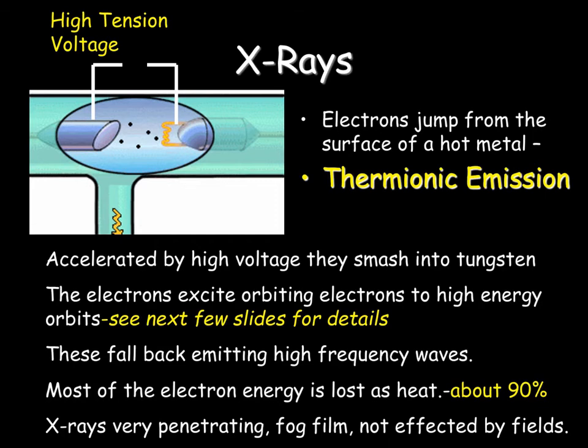X-rays, as I probably have told you several hundred times, are penetrating, they fog film, and they're not affected by fields. These are the properties of X-rays. The uses are to image the inside of a body or to kill cancer, but the properties are that they are penetrating, they fog film, and they are not affected by fields.